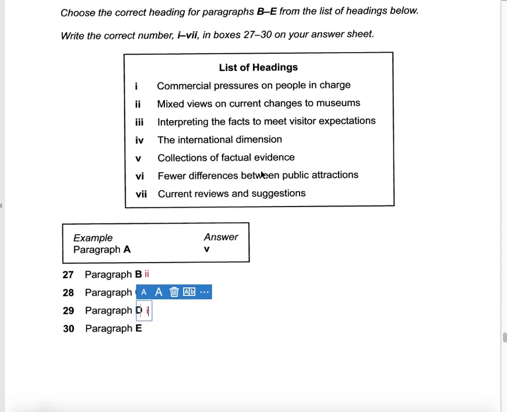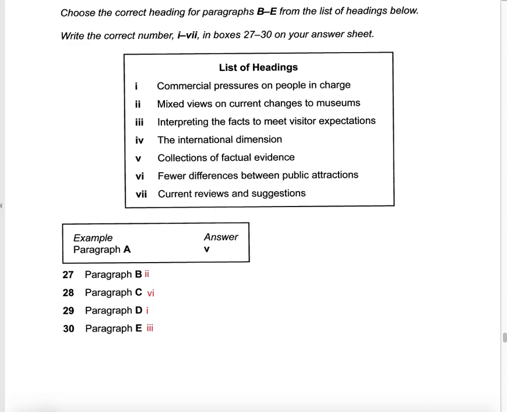The people in charge, they feel the pressure to change history. This is where I got confused. So number 1 says just pressure to change, to make it attractive, even though it may not be true, while paragraph E is telling us that they are interpreting the facts. Okay?